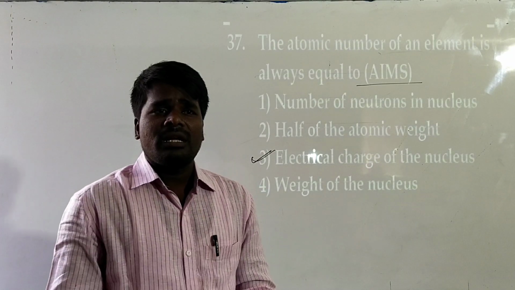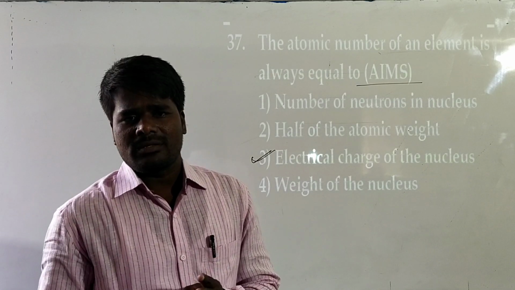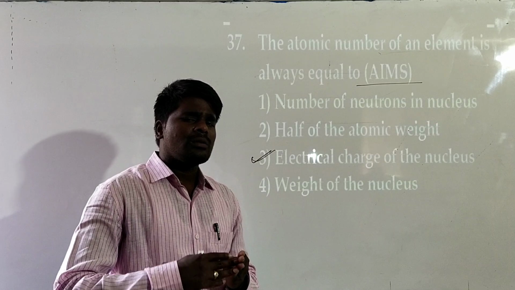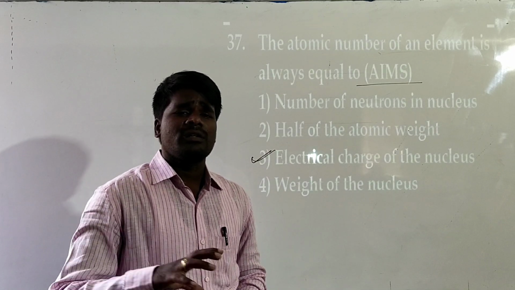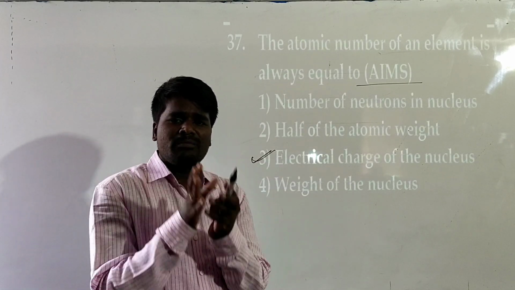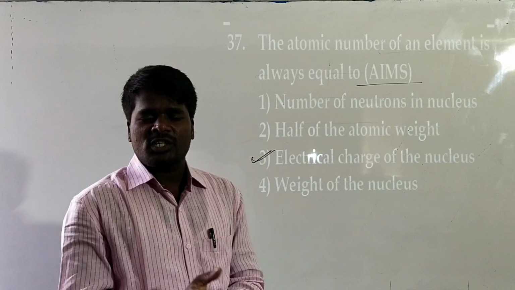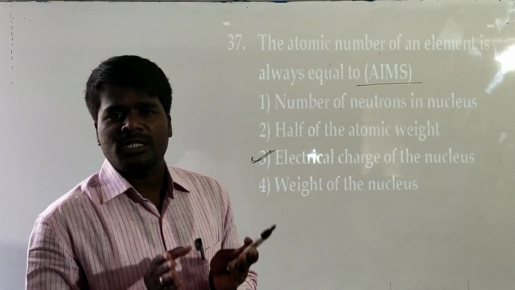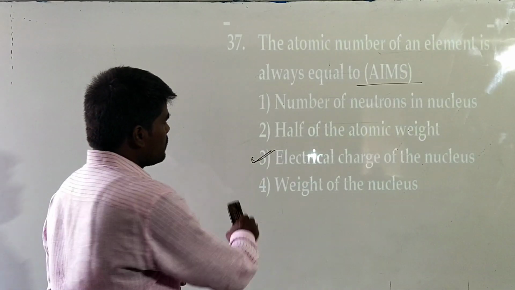It is very simple: the number of electrons can be increased or decreased. An atom can gain electrons, an atom can lose electrons. In such cases, the number of electrons in an atom will not remain the same, but the number of protons in an atom always remains the same. Because of that reason, the atomic number is always expressed in terms of the number of protons present in the nucleus. Right? It is clear.